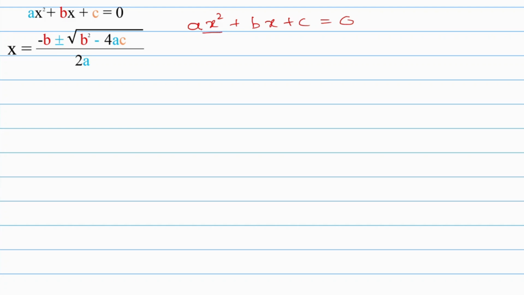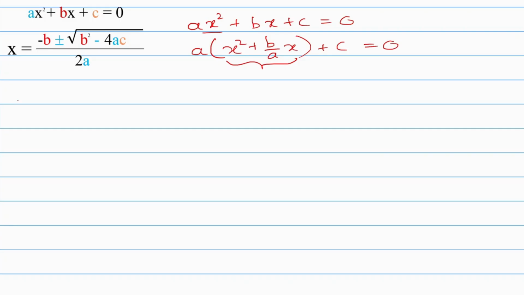So to do that, we are going to factor out a first. When we factor out a, we get a out, and then x squared plus b over a x, and then plus c. That's equal to 0. And then we can conduct completion of the square on this particular component.